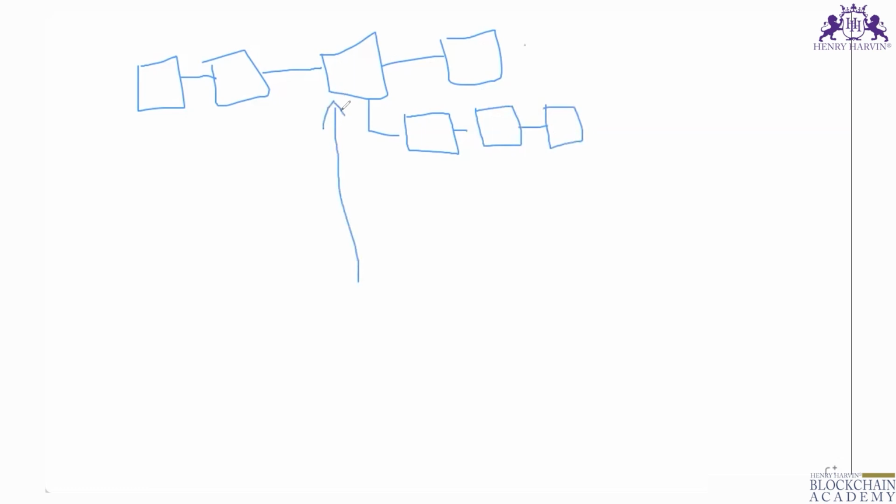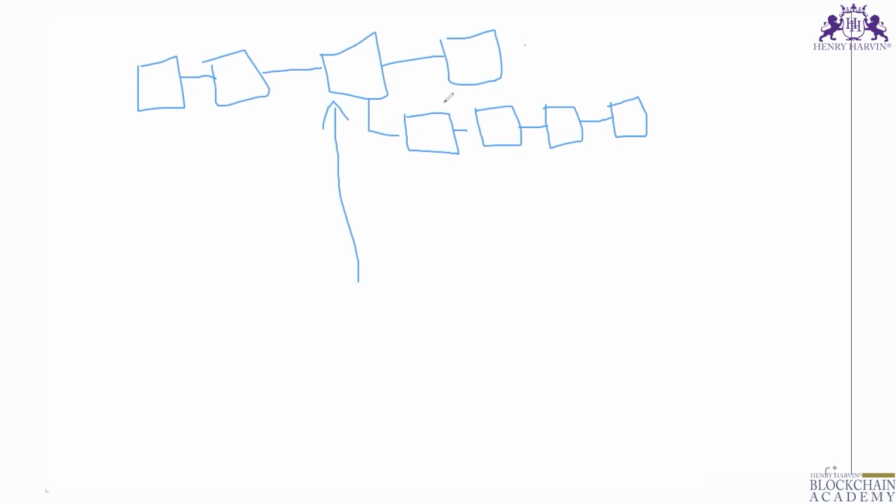Most of the people are adding new blocks to this link, which uses proof of stake. So from now on, this chain is longer than this chain.